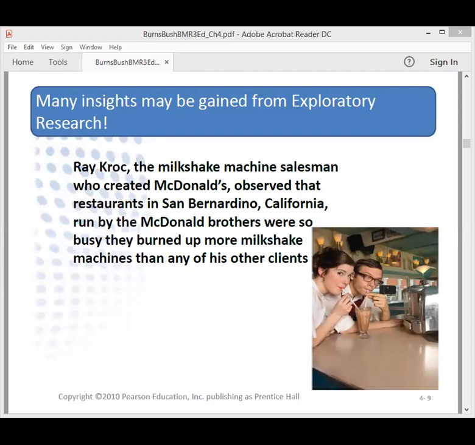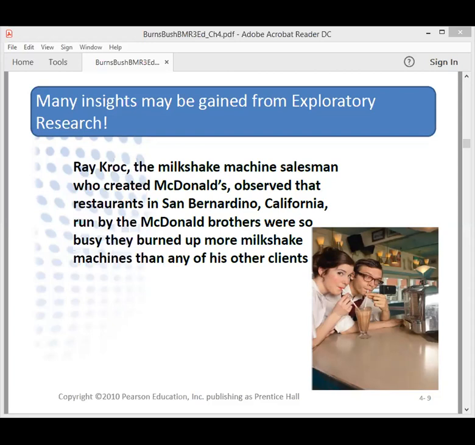So some of the uses of exploratory research: gain background information, define the terms, clarify the problems and hypotheses, establish research priorities.